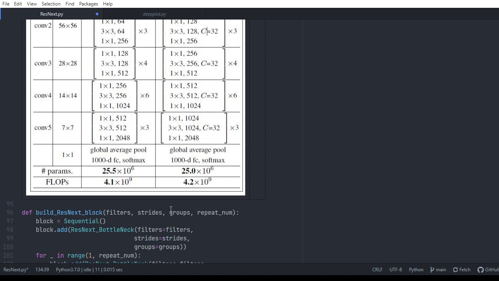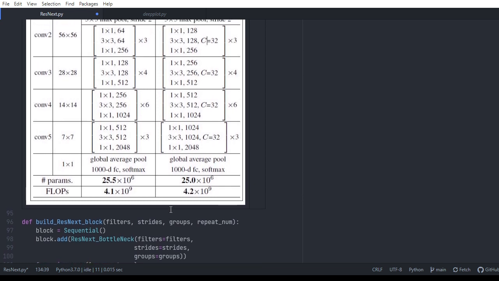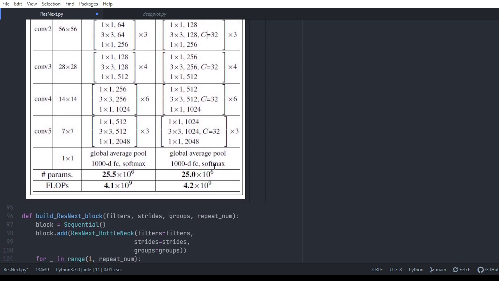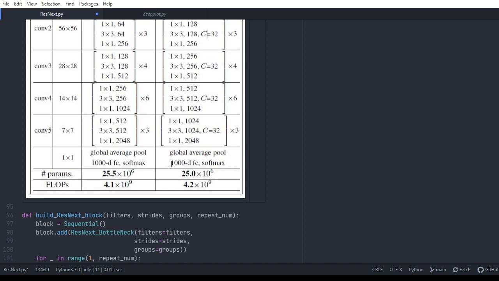After finishing the repeating ResNext bottlenecks, we go to the global average pooling 2D, and then lastly we pass through a dense layer with the units 10 or 1000. For me I've used 10, but if you want to use 1000 for training on the ImageNet dataset, it will be okay. And then the activation function is softmax.